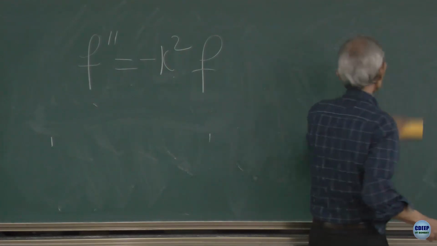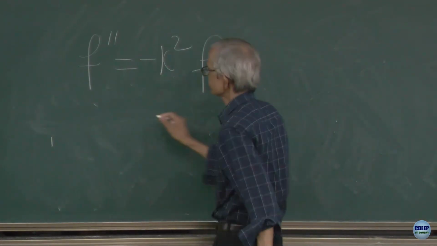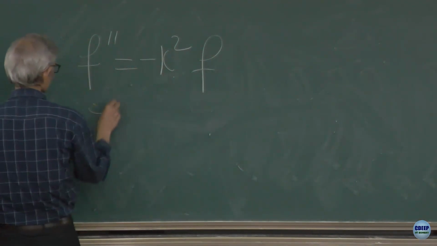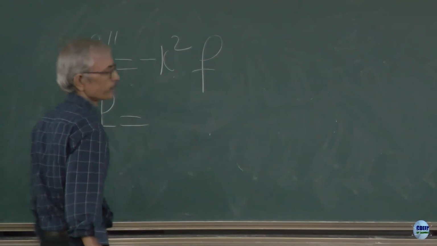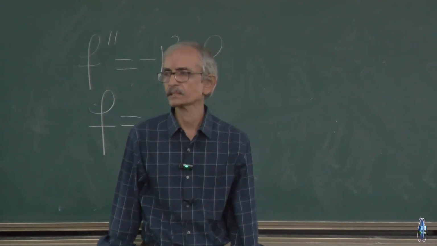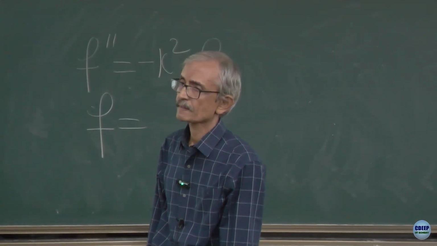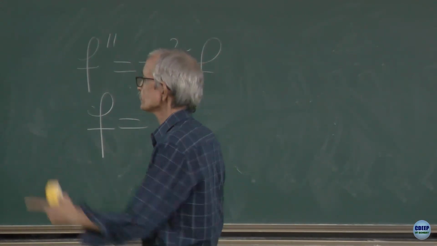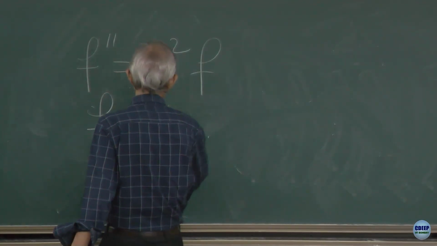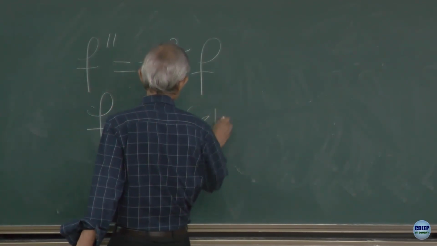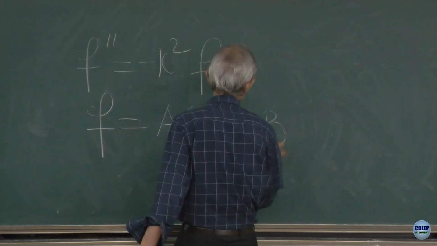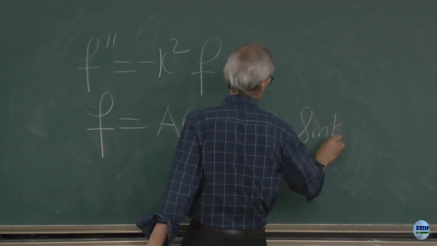What is f therefore? If f double prime is minus k square f, what is f? Sines and cosines. So f is a cos kx plus b sin kx.